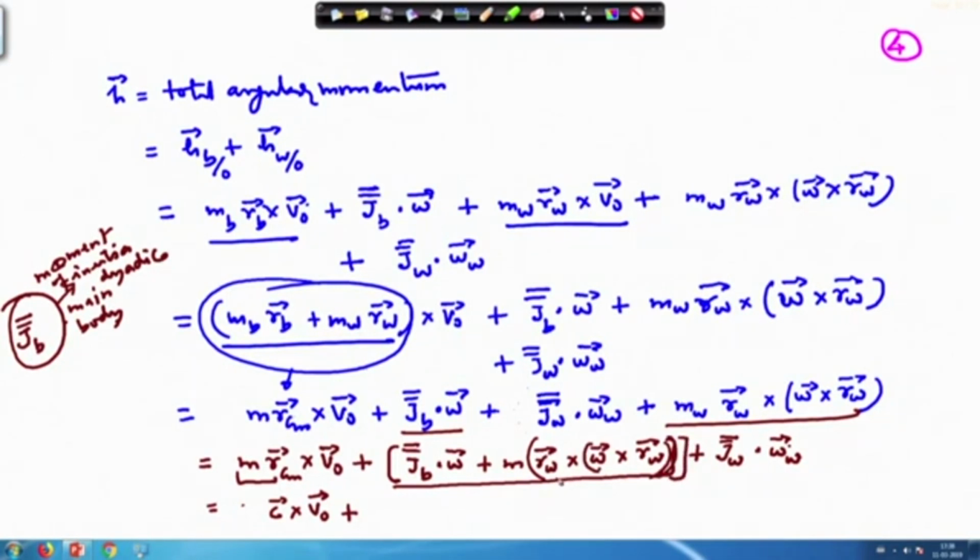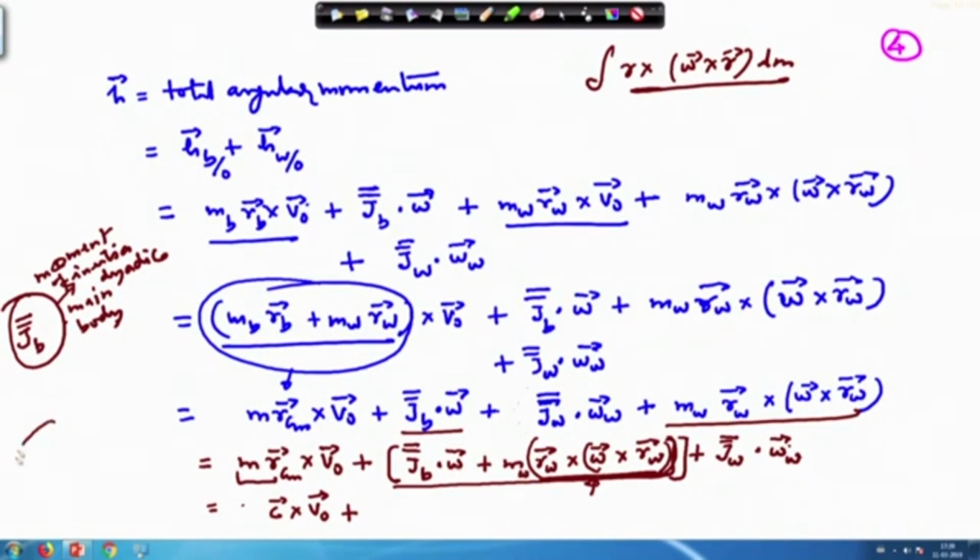So, this has the same configuration as, say, the r times omega cross r d m. Once we write it like this, it has got the same configuration. So, this also indicates moment of inertia times omega, but here we have missed out the w subscript, it is there.